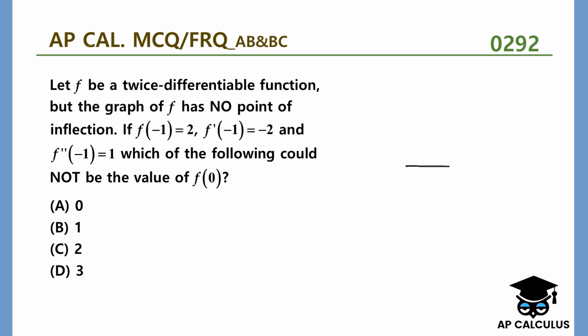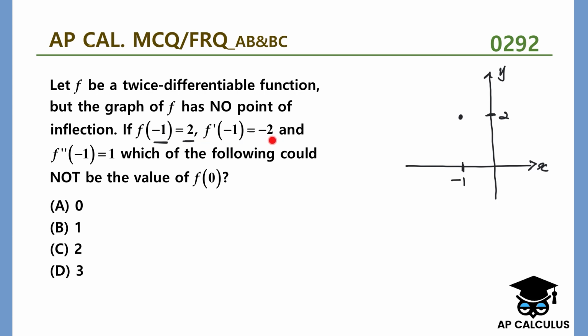Here we have the x-axis. Here we have the y-axis. So let's say this value is negative 1, this value is 2. So the graph passes through negative 1, 2, right? Here, f prime of negative 1 is equal to negative 2.